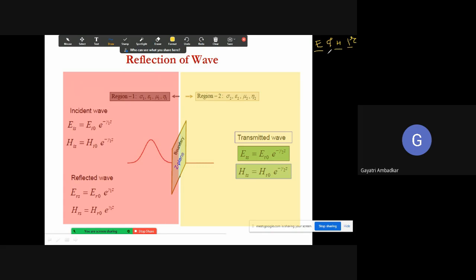And this waveform is traveling in a direction which is again perpendicular to both of them.